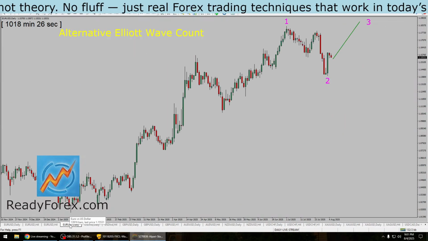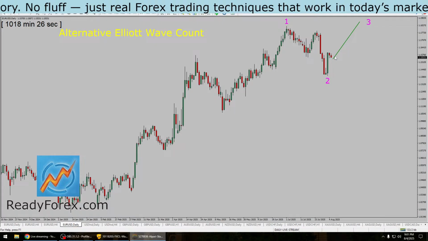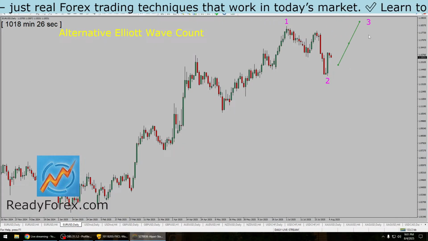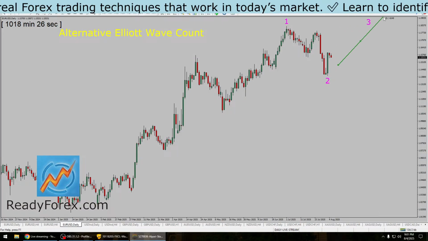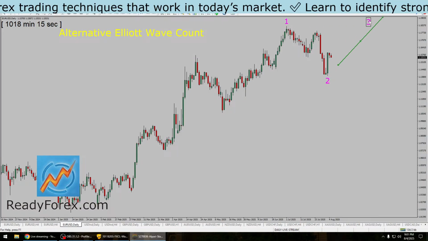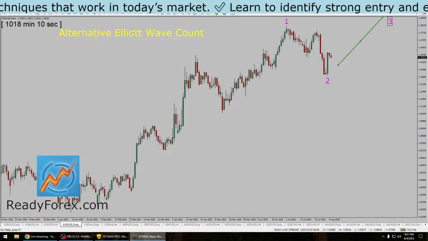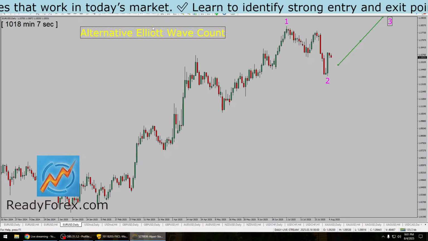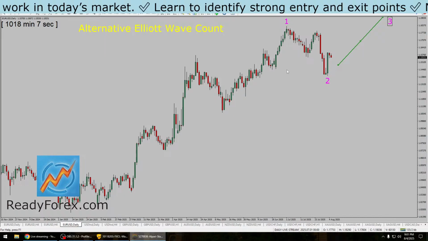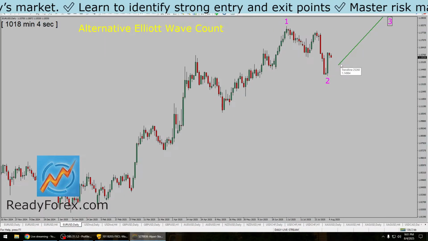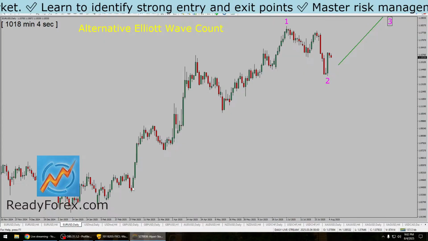The second forecast suggests that price is just going to drop for a few pips and then market is going to print a new high. That's the alternative Elliott wave count, also known as plan B. So the way I see euro dollar is going to drop on a short-term basis, expected decline.